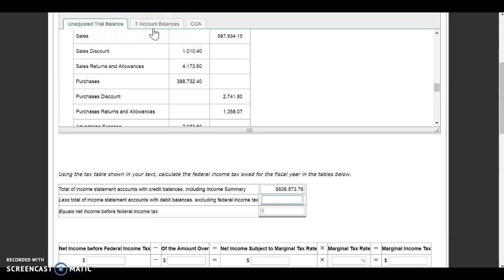Okay, so first of all, I'm going to look at my sales discount. That was not updated, so I'm just going to take 1,010.4. Same thing with sales returns and allowances, 4,173.60. Same thing with purchases, 388,732.40.